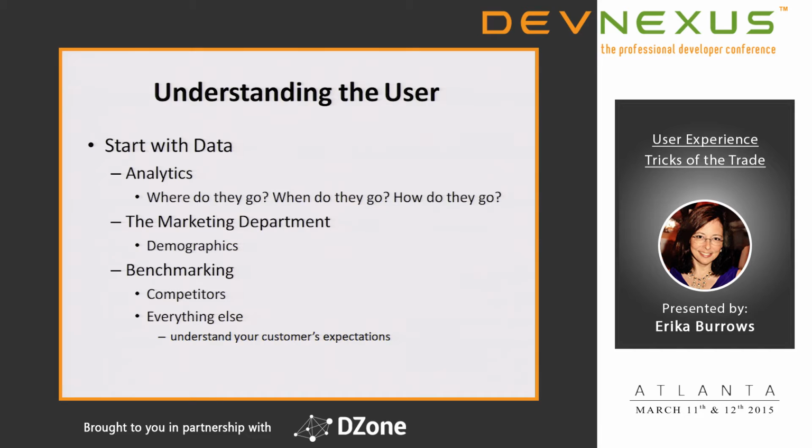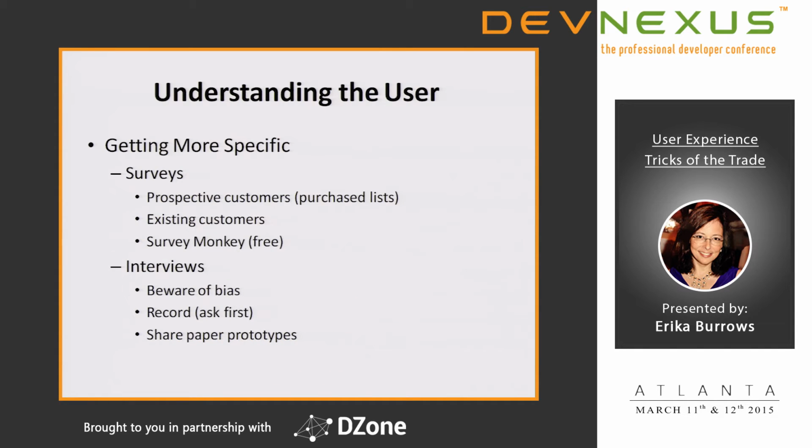Then there's getting more specific. This is where you start taking the leap into user experience and getting to know your customer specifically. Surveys are one of the cheapest, easiest ways to do this. To formulate some surveys, find out some very specific information, mostly about what the users want.